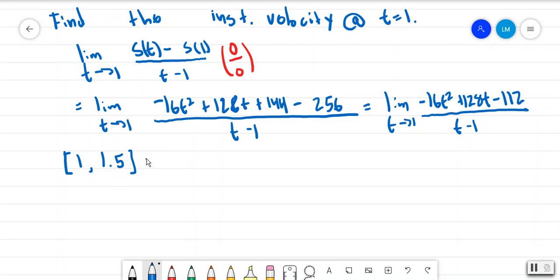The only thing you need to do is substitute the 1.5 into this equation.